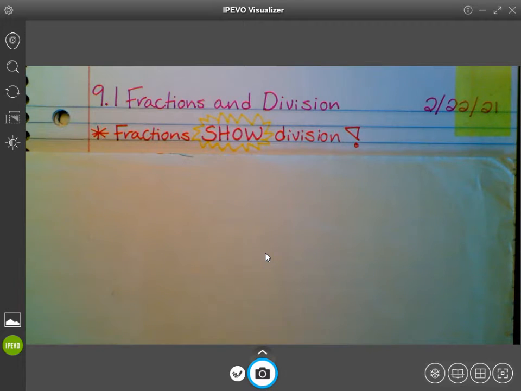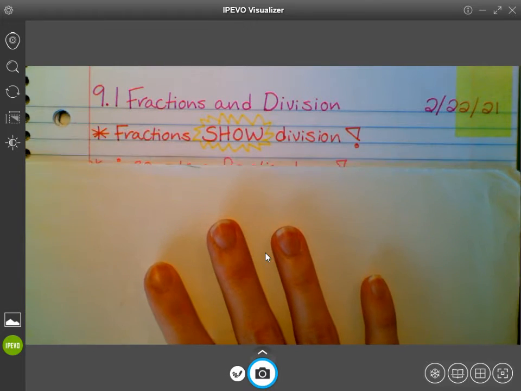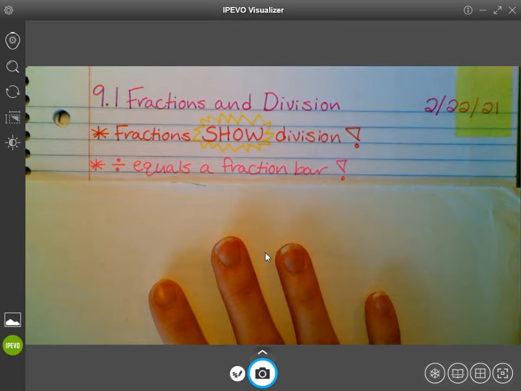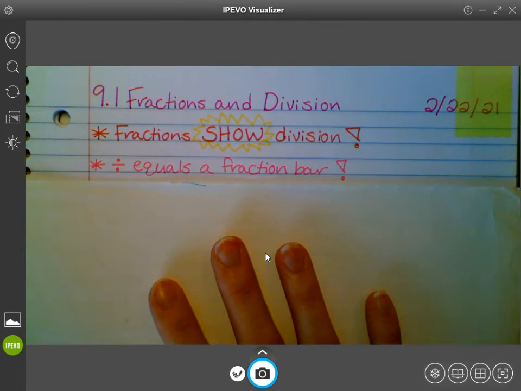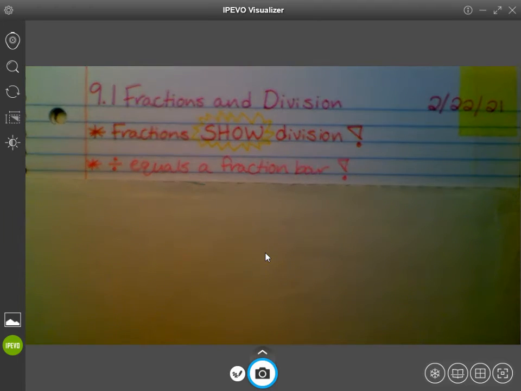The reason why I say fractions show division is because whenever we see a division sign, that equals a fraction bar, or the bar in any fraction. So when we have 1/3, we have a 1 as our numerator, we have the bar in the middle, we have a 3 on the bottom. That is the same as 1 divided by 3. I'm going to write that off to the side, and you can too.